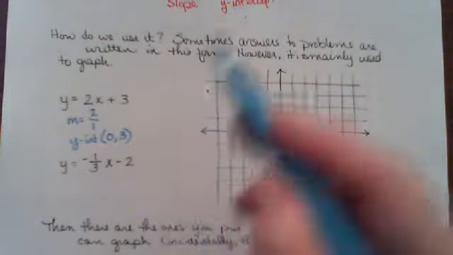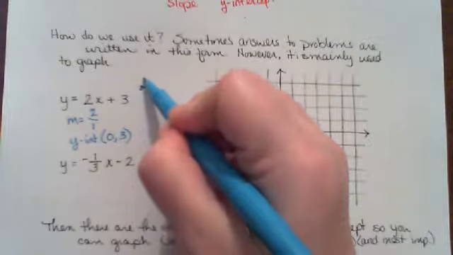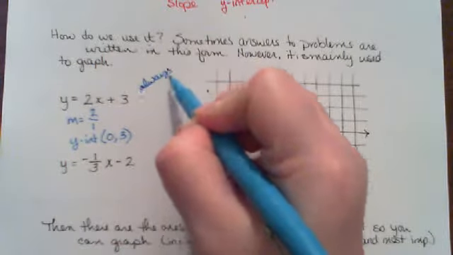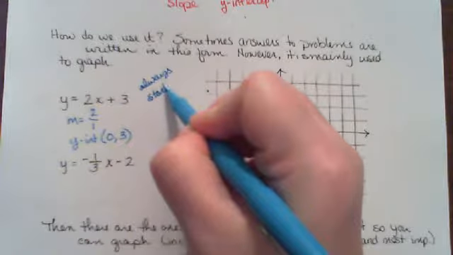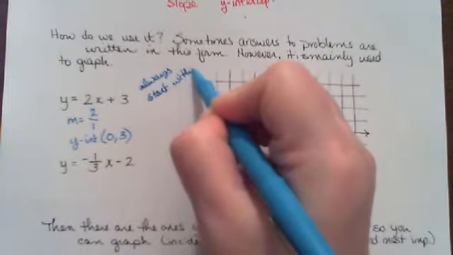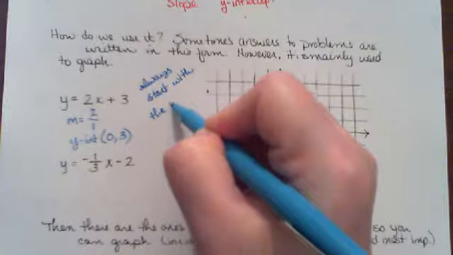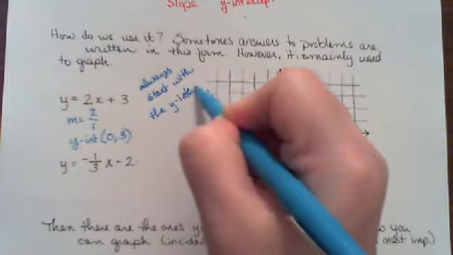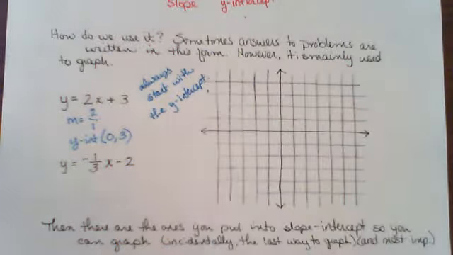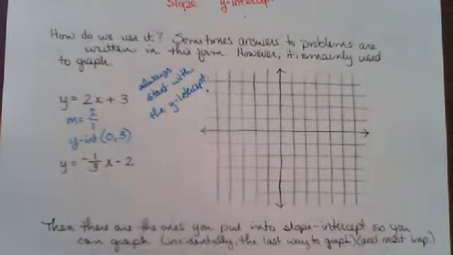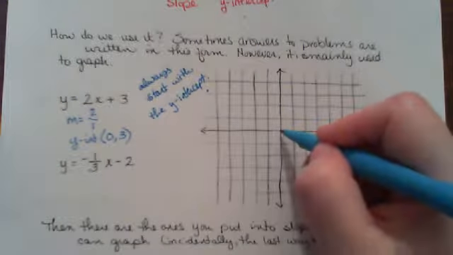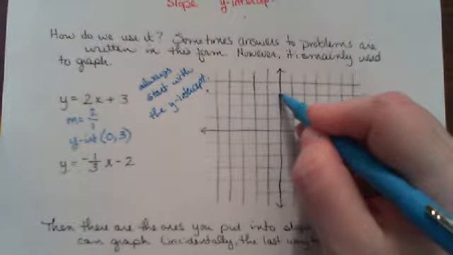When you graph like this, you always start with the y-intercept. Because basically that's telling you a point that's on this line. So the point (0, 3) is up here.